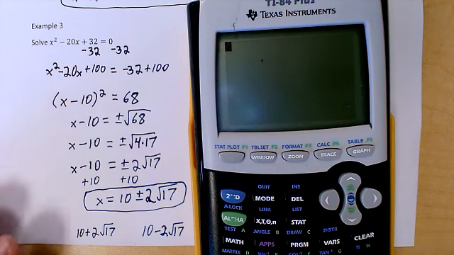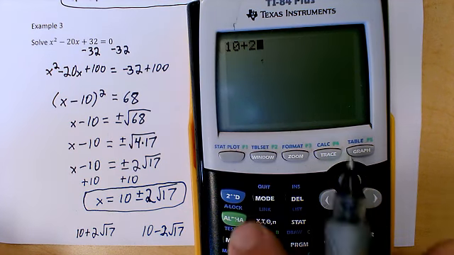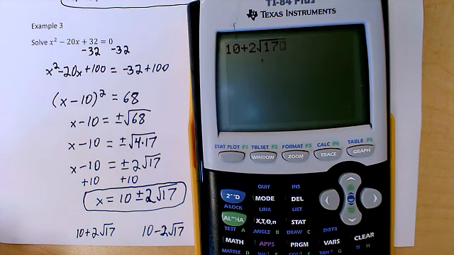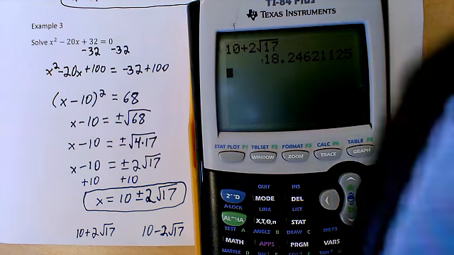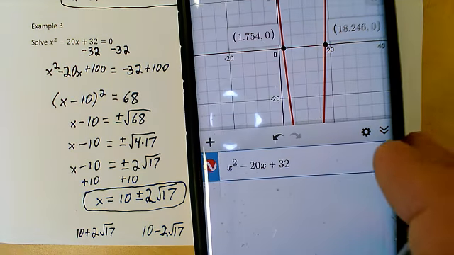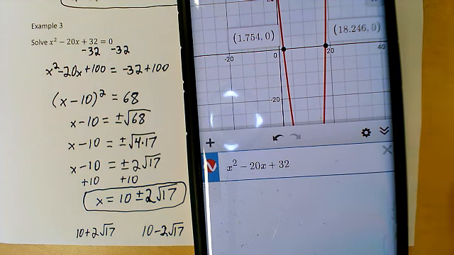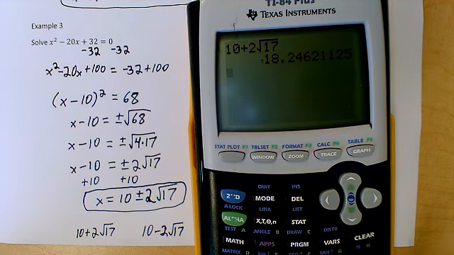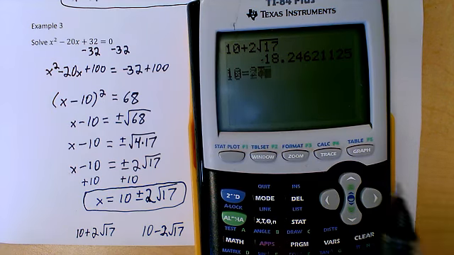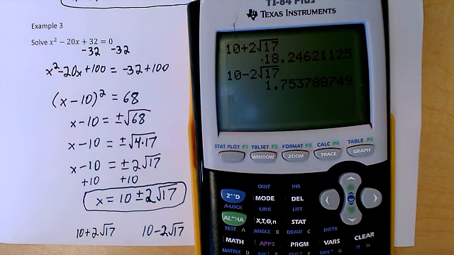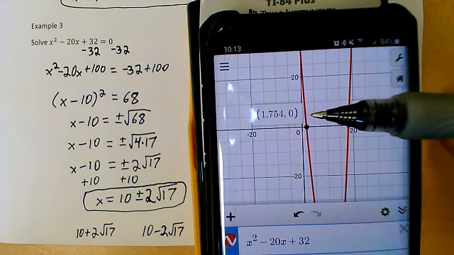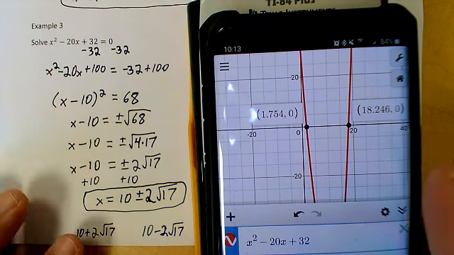If I were to type in 10 plus 2 square root 17, that would be 18.2, and that lines up with what I saw on the Desmos calculator. That checks out. If I do 10 minus 2 square root 17, 1.75. Everything's looking good here.